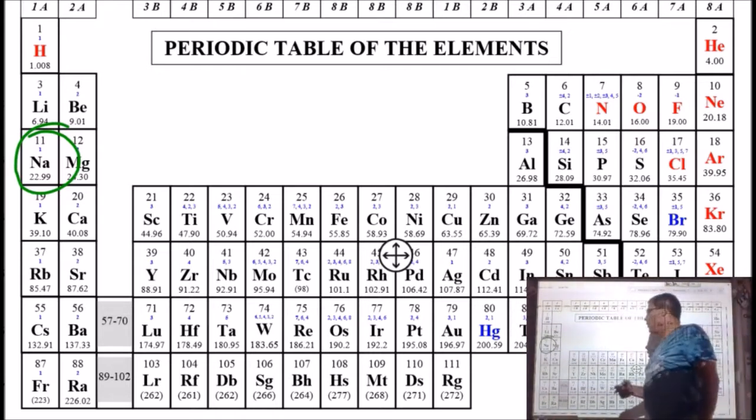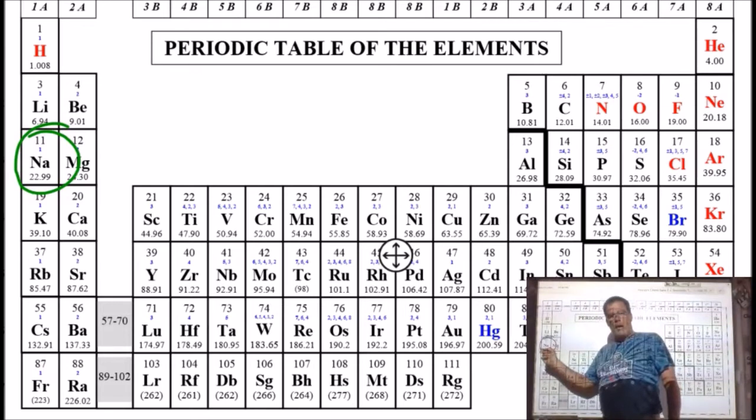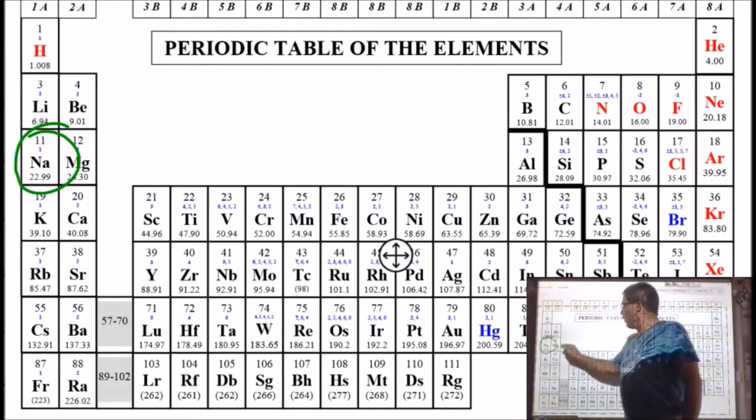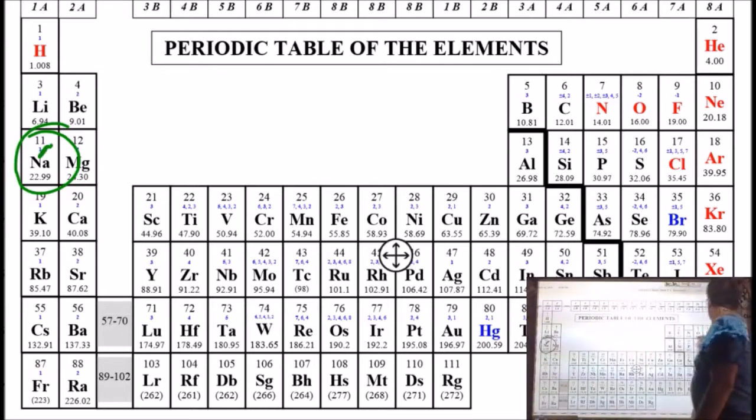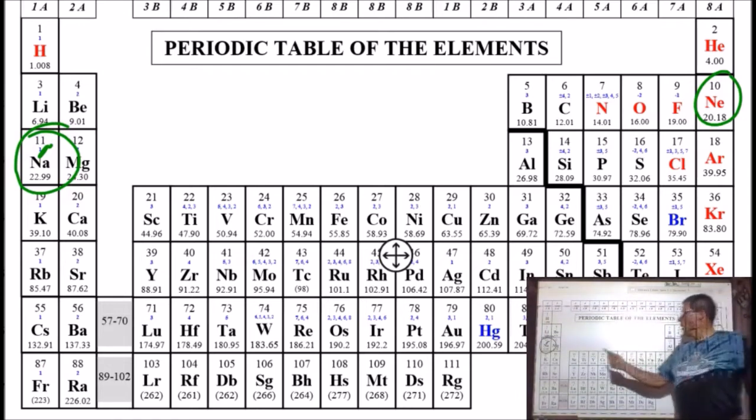But when sodium turns into an ion, does it gain or lose electrons? What do metals do? That's right, they lose. So it'll change that 11 to a 10. In other words, it'll lose its 1 electron.